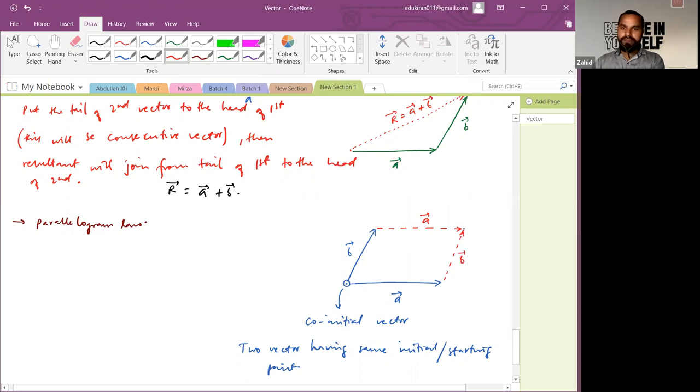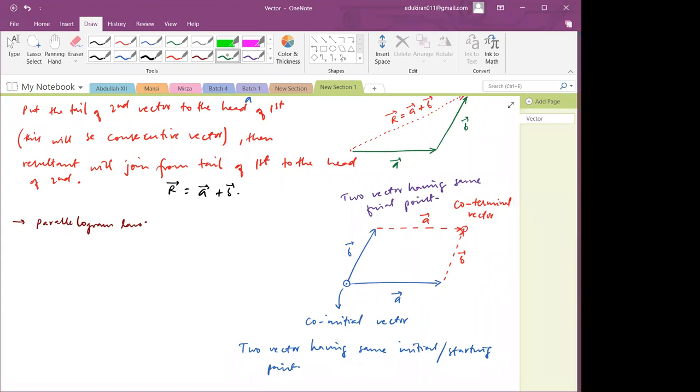Now check in this part, we have two vectors having the same final point. So it will be termed as co-terminal vectors. So you will say two vectors having the same final point are termed co-terminal vectors. Is it clear? Yes, sir.